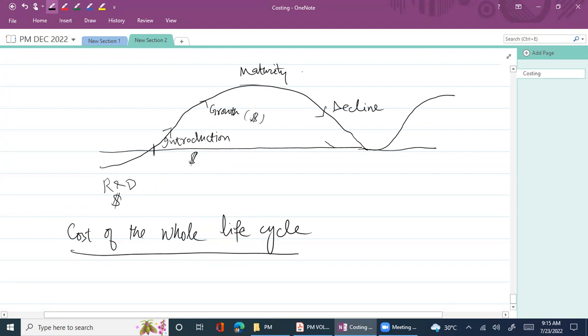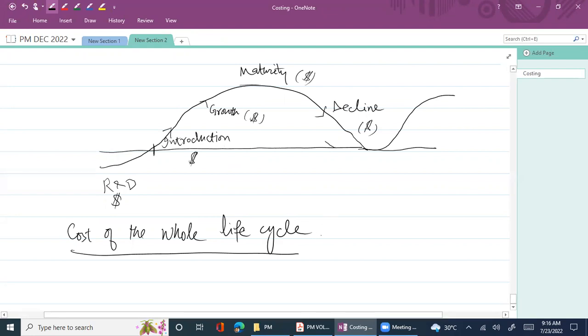How much cost has been incurred at maturity, how much at decline. So basically, we will add the total cost of the 5 stages with respect to the whole life cycle of the product. All years' costs will be added.